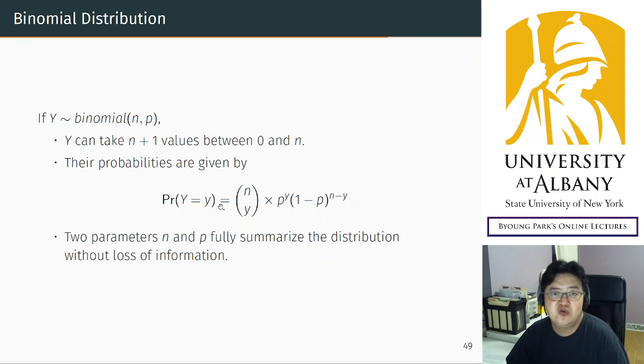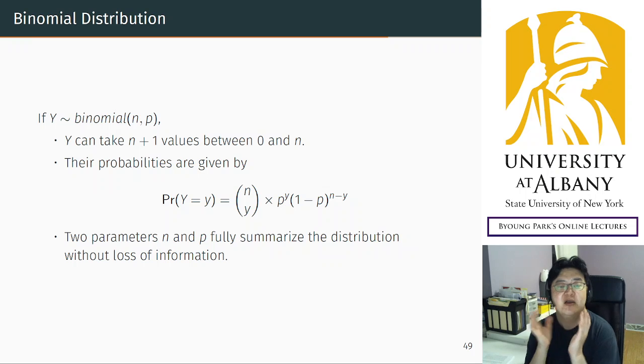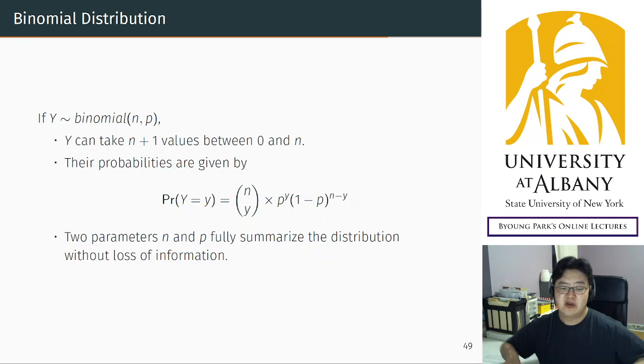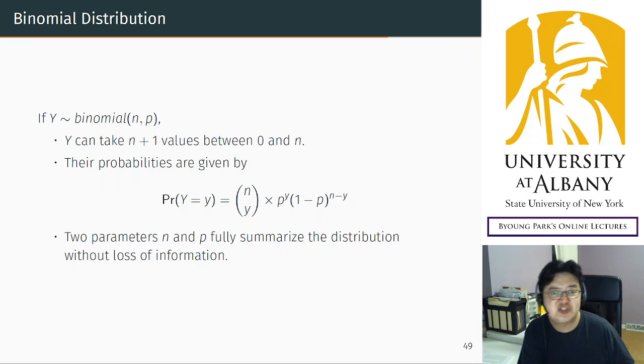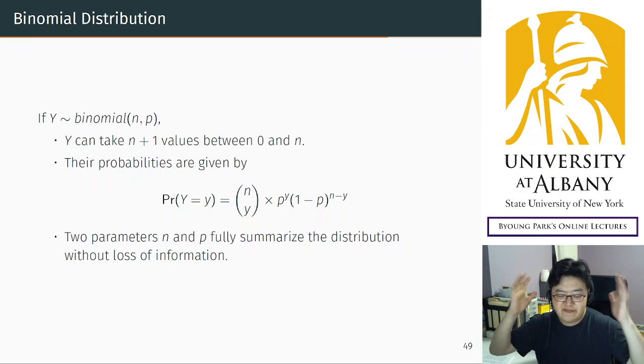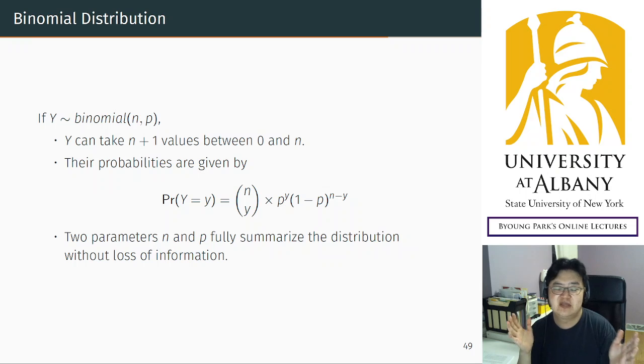So you know everything about the binomial distribution. That's the power of the model. As I said at the beginning of this chapter, if a random variable satisfies the given assumptions, then you can summarize the distribution pretty easily by two numbers.